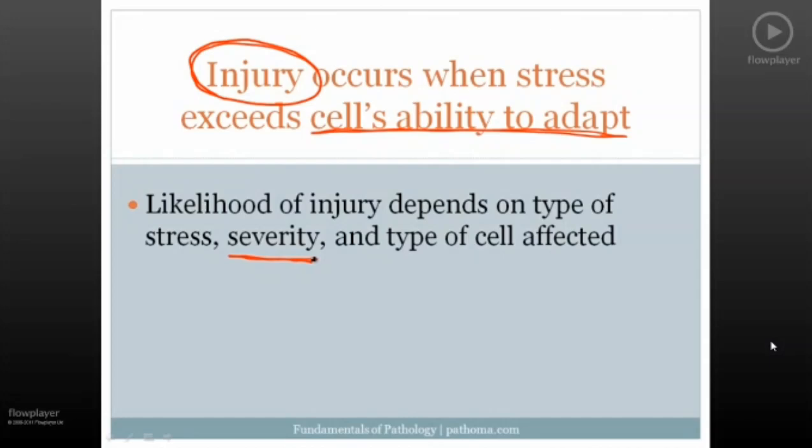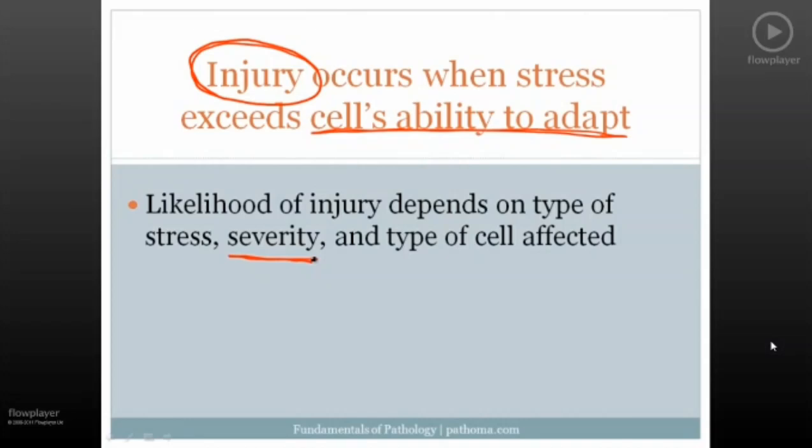So here we see the same theme: we cut the blood supply in the renal artery, but a slow, progressive cutting of the blood supply would result in atrophy of the kidney, whereas a rapid, complete cutting off of the blood supply would result in infarction and injury of the cells. So that would be an example of the severity determining what happens in response to a stress.